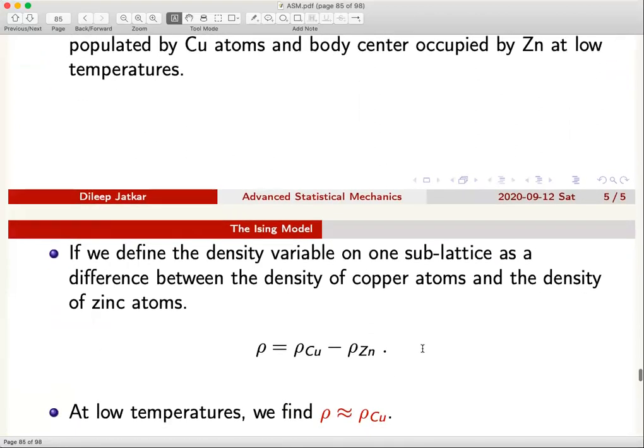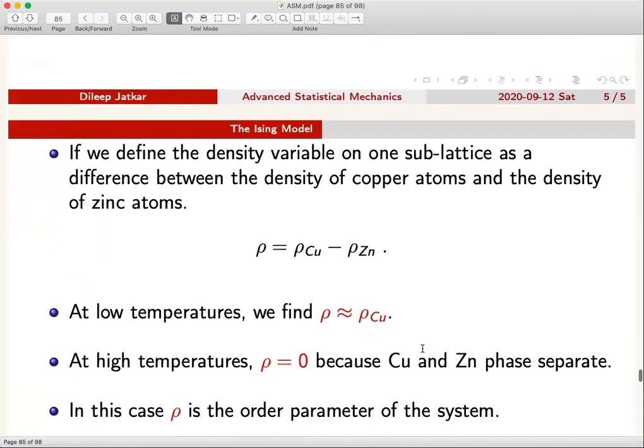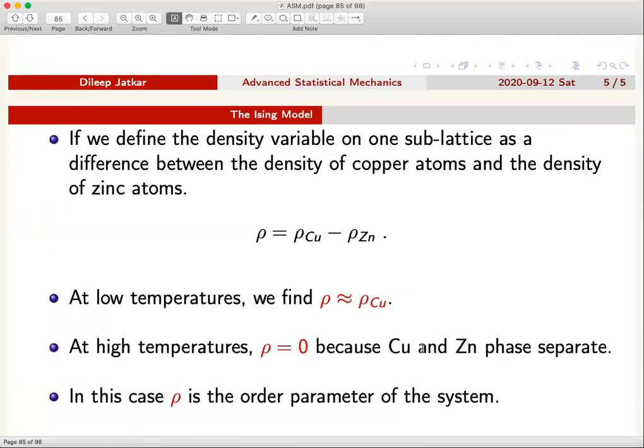So what we'll do is define the density variable for this system on one particular sublattice. So look at, say, the copper sublattice, or zinc, it doesn't matter. Suppose you are looking at the copper sublattice, then I define density to be density of copper minus density of zinc.